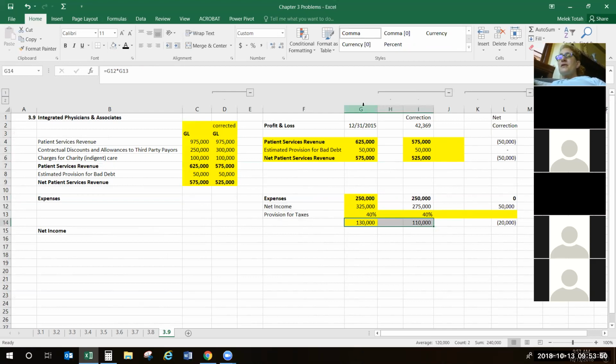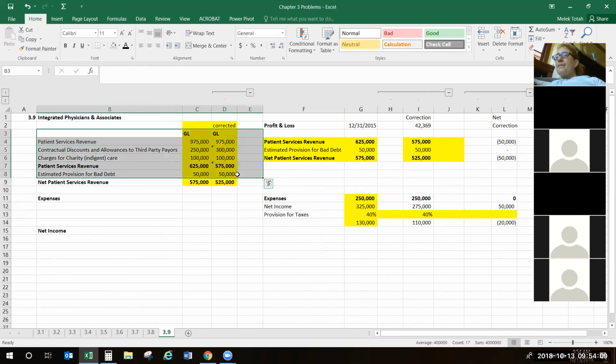So let's say that in your first example, you had a profit or a net income of $325,000, right? And you had 40% provision for taxes, okay? So that would have been taxes of $130,000. Does everybody understand what I just did there? Anybody not understand?